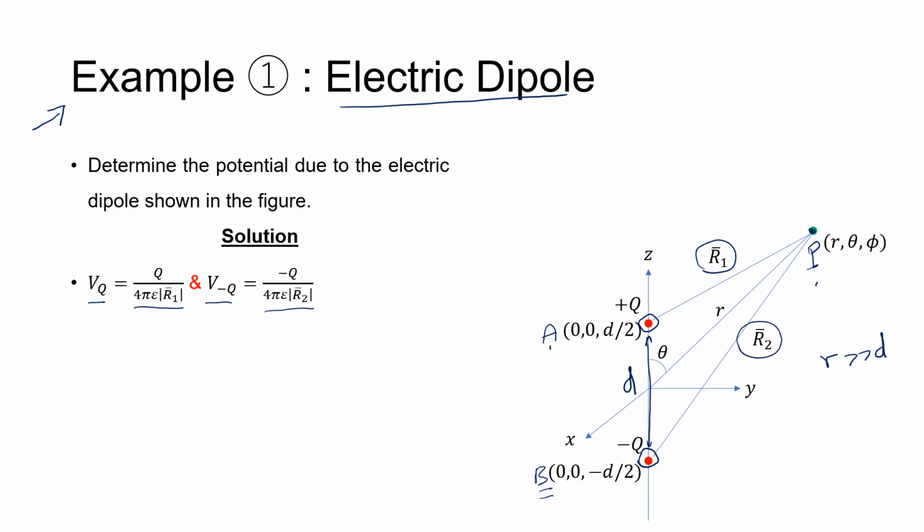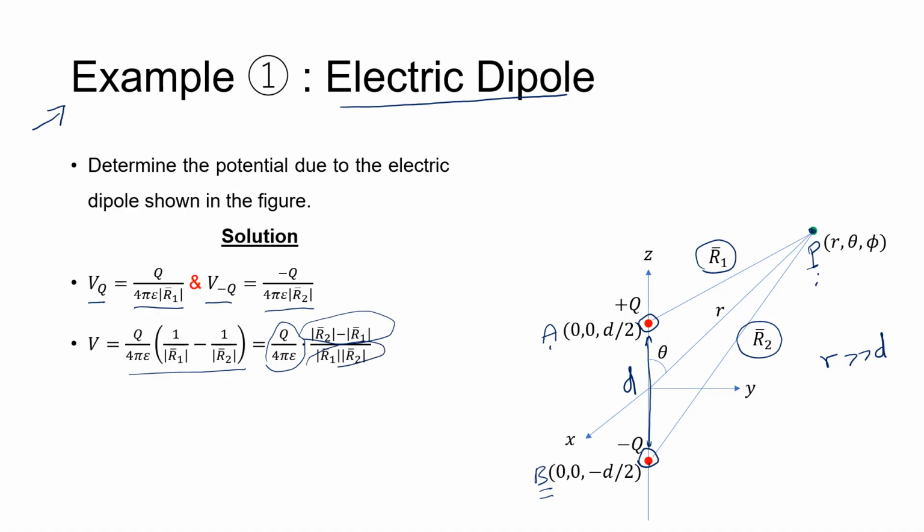And R2 is the distance or the vector between B and P. Summing these two will result in the equation here. With mathematical manipulation, you will find that this is nothing but Q over 4 pi epsilon multiplied by R2 minus R1 over R1 multiplied by R2.